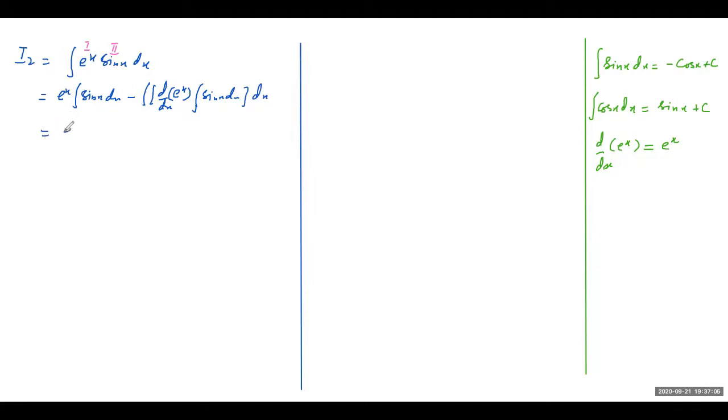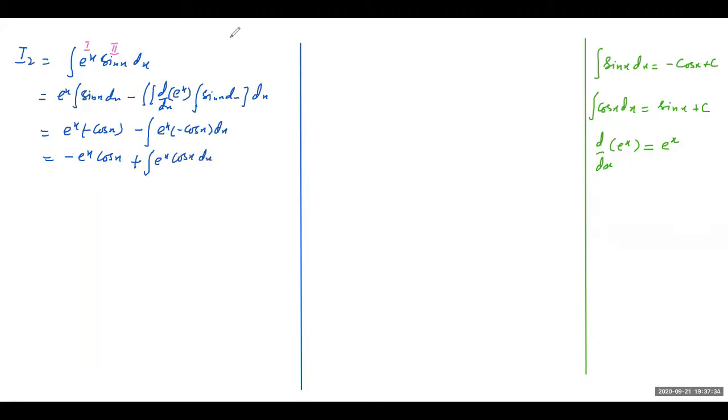So it is equal to e^x times minus cos x minus integral, sin x and e^x and minus cos x dx. This becomes minus e^x cos x, minus comes outside, minus plus integral e^x cos x dx.